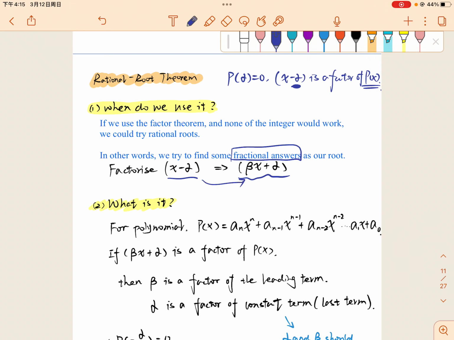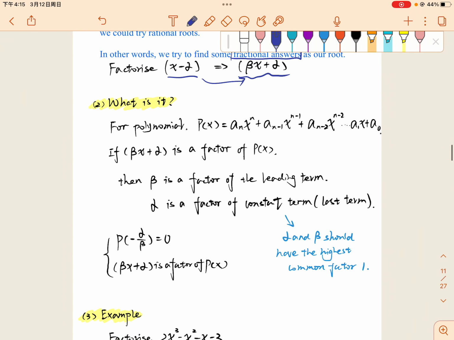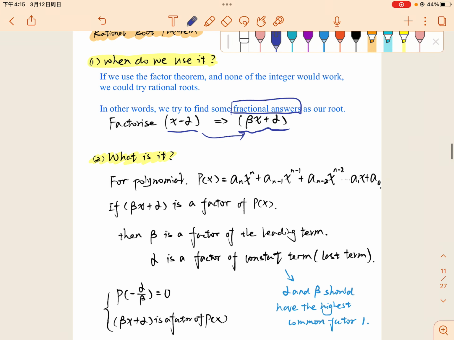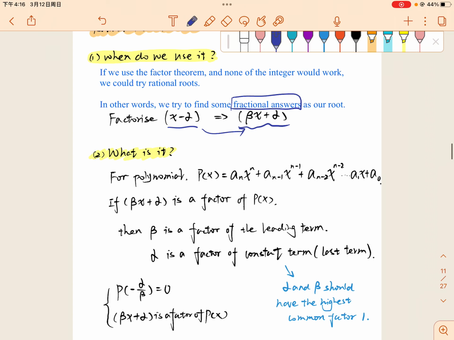Okay, and how do we use it? The rational root theorem is for polynomials with leading term a_n times x to the power of n, plus a_(n minus 1) times x to the power of (n minus 1), and so on. So this is just the equation of p(x), the polynomial.